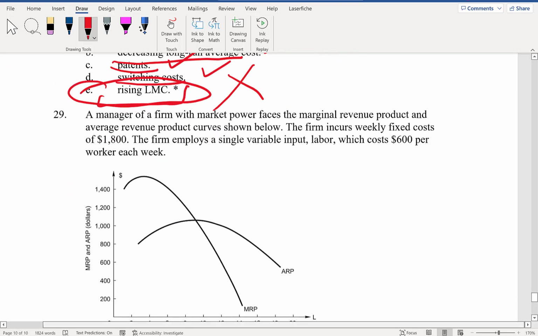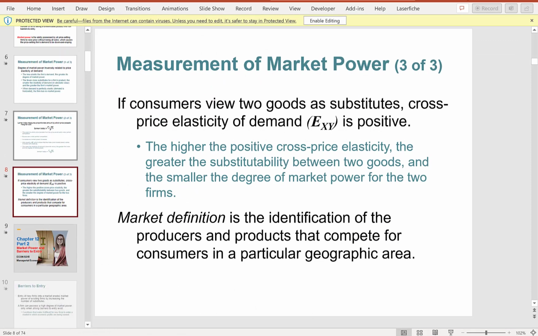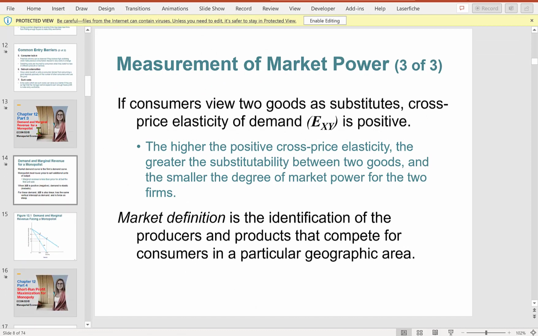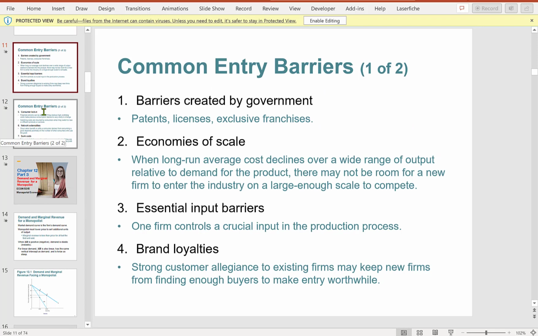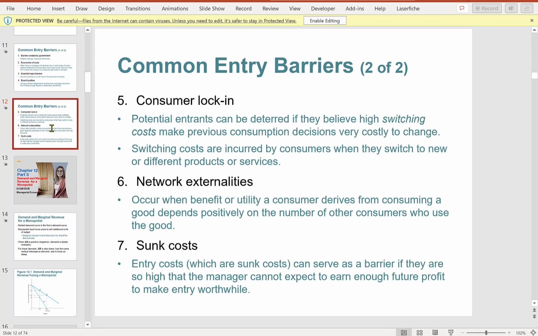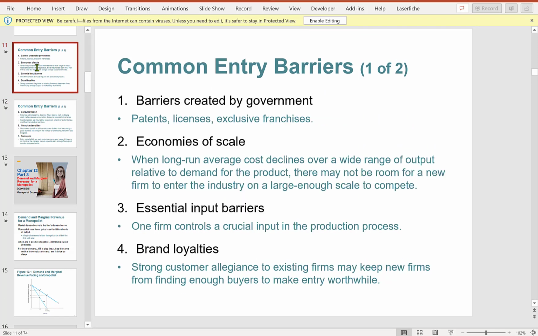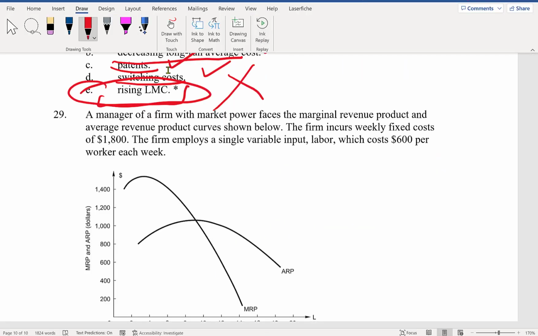Let's take a look. You can see these are common barriers to entry.